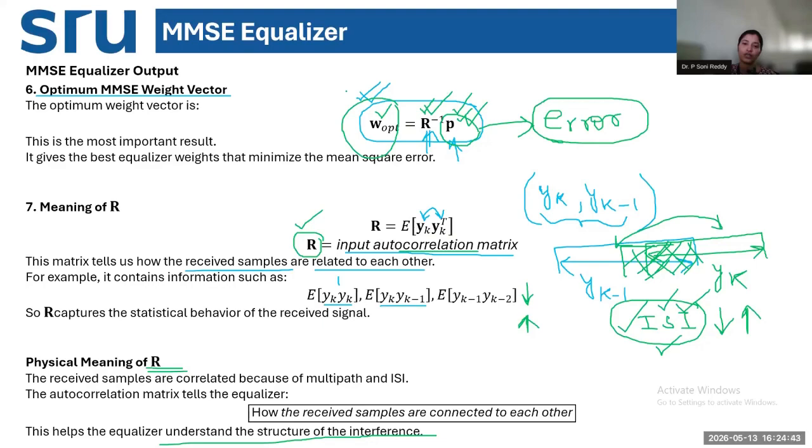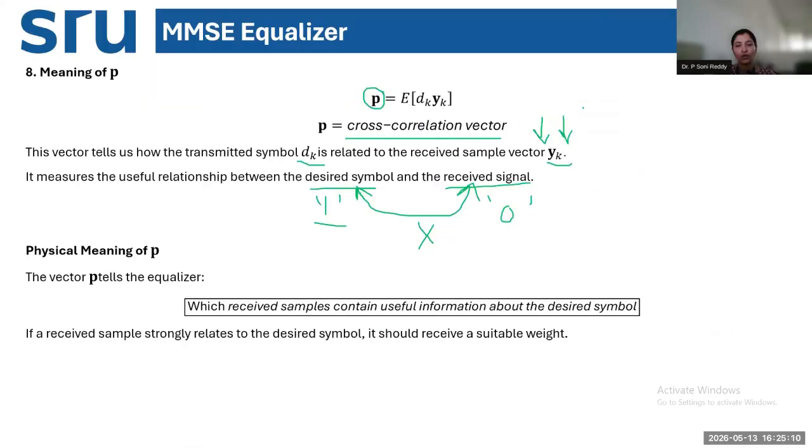Error means the difference between the transmitted signal and the received signal. The MMSE equalizer handles both the ISI as well as the error. Okay. So this is my basic understanding of the MMSE equalizer.